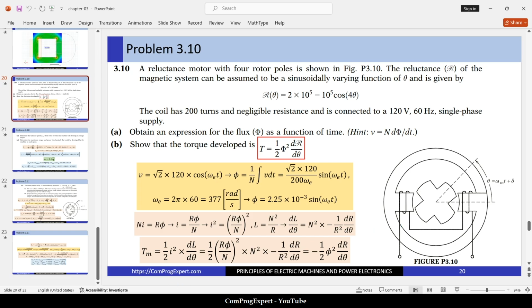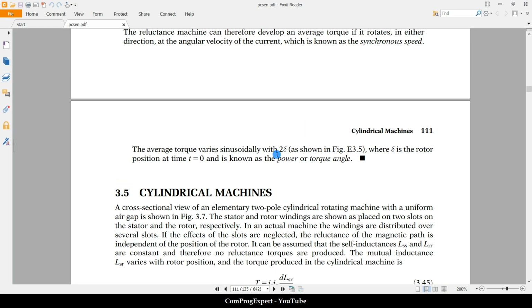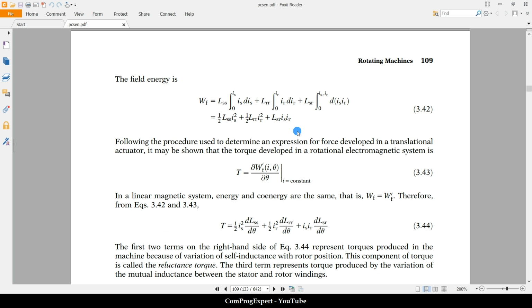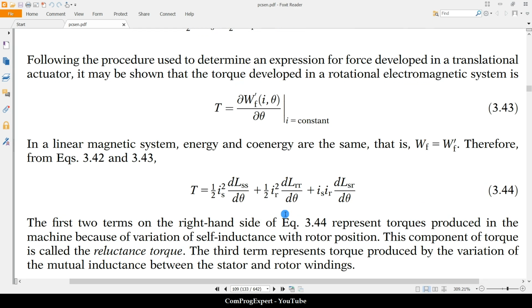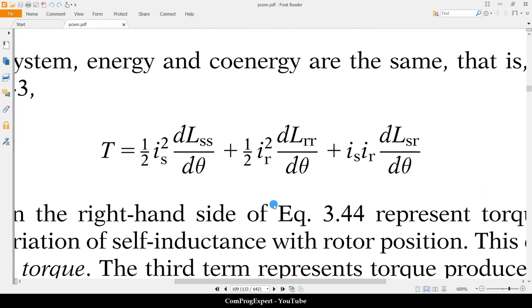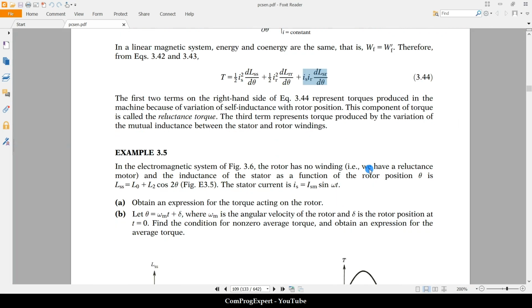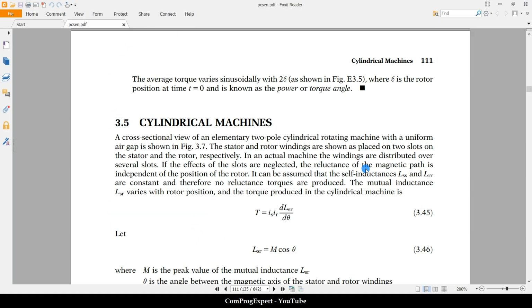So we have a reluctance torque, this equation that we discussed. But in cylindrical rotating machines, the self-inductance of the stator winding and rotor winding are not functions of theta, and only we have this term for torque generation.